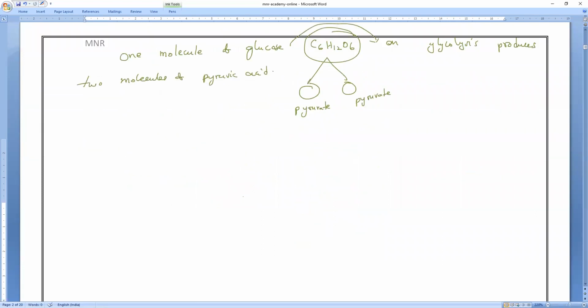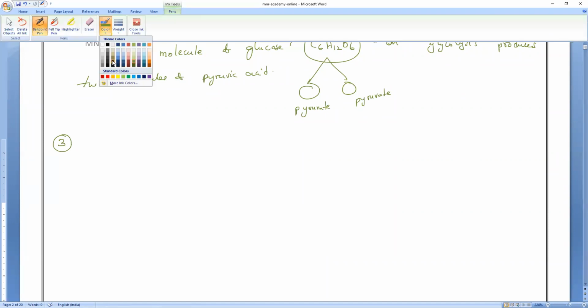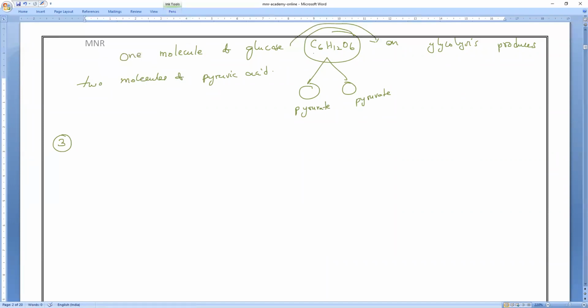Can you tell me now, pyruvic acid contains how many carbon atoms? It is splitting into two. That is what I want to know. Anybody? Six carbon? One glucose contains 6 carbon, but one glucose molecule splits into two pyruvic acids. So how many carbons does each contain? 3.